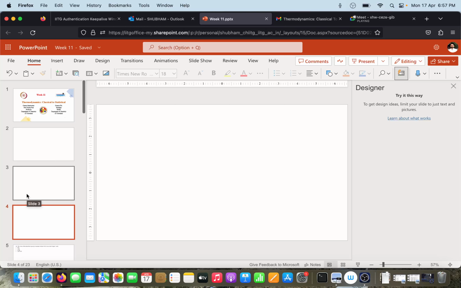Water raised to 80 at constant pressure, Cpm is given. Everything is fine, I guess. Delta H is in kilojoule. So this is joule per Kelvin per mole, and this is mole. So mole cancels out.